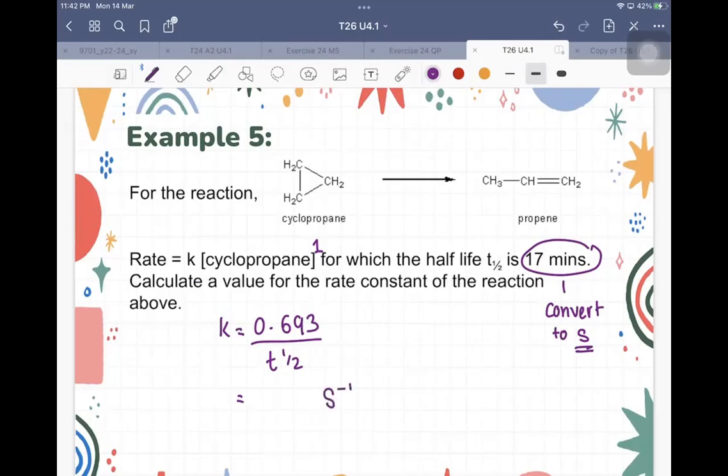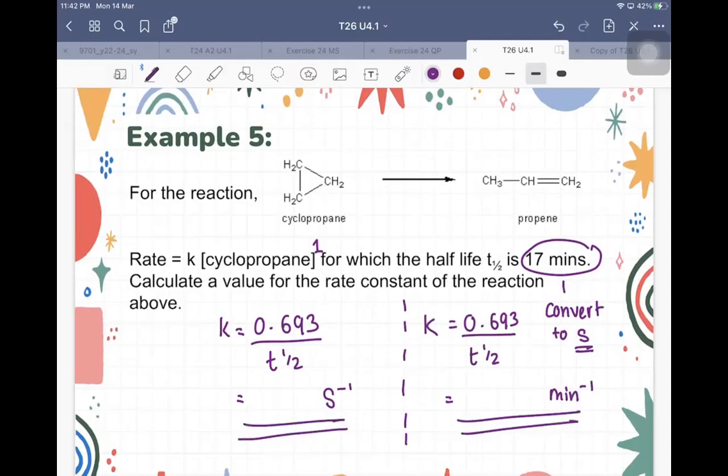If you do not want to convert, you can also leave your answer in minute minus 1. It depends on which one you want to choose.